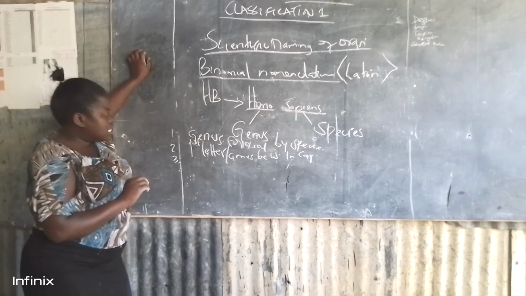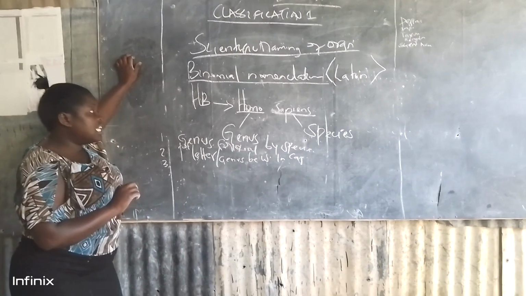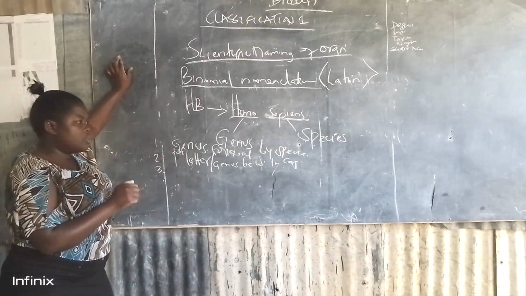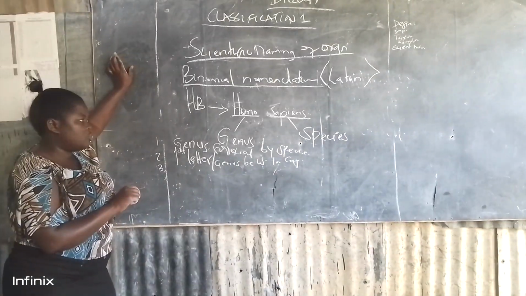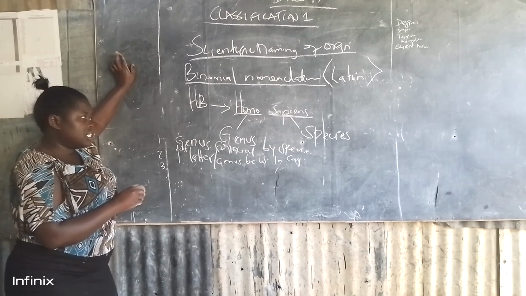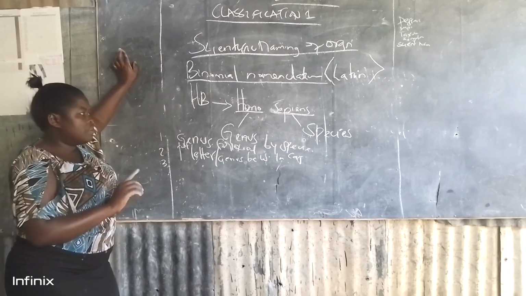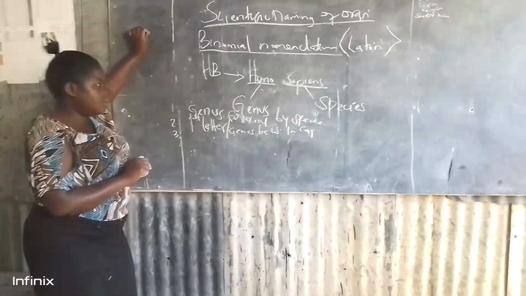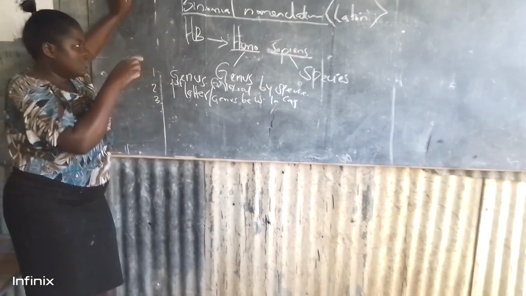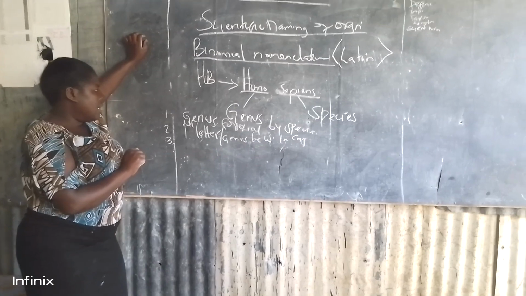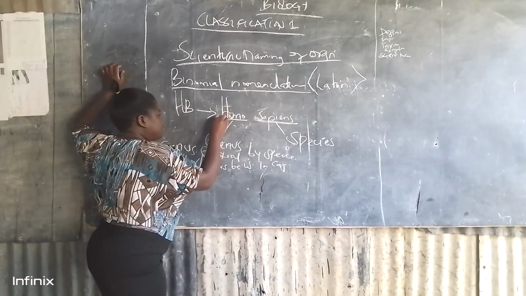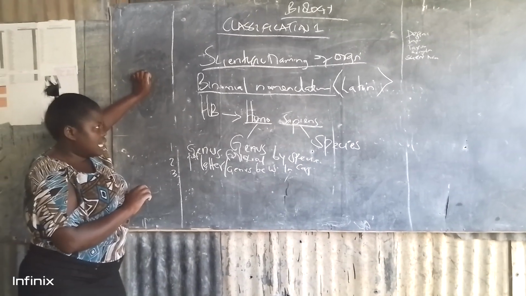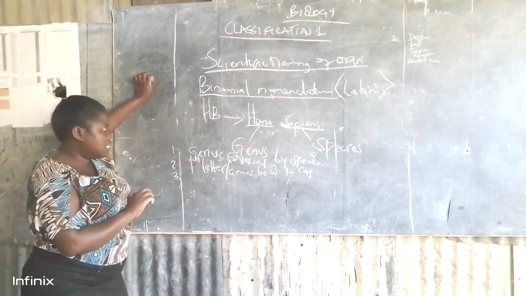The last point is that when written in italics, that is when typed or printed from the computer, then the scientific name should be in italics to separate it from the normal writings. So when typed or printed it should be in italics to differentiate it from other written things.